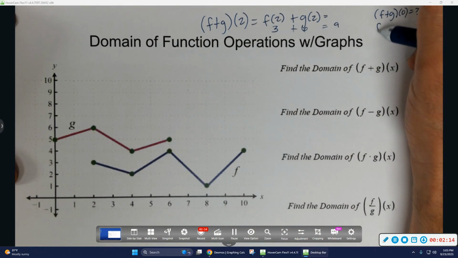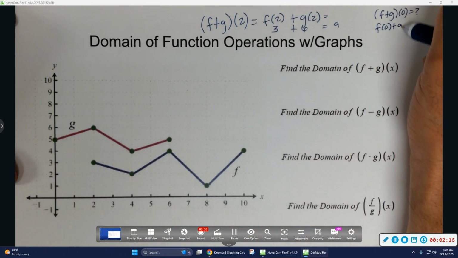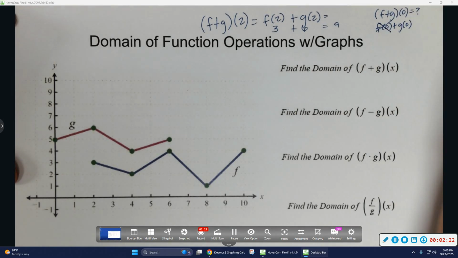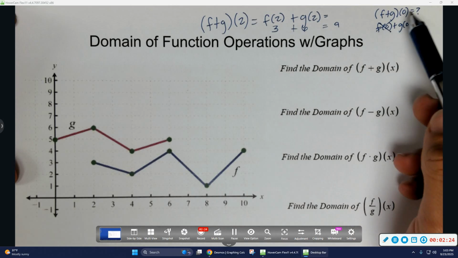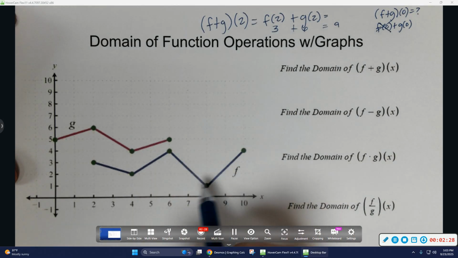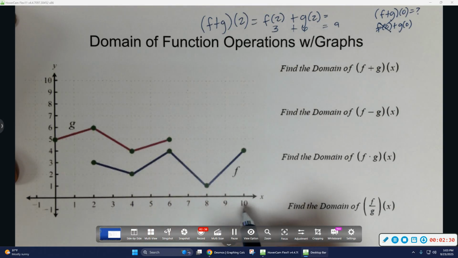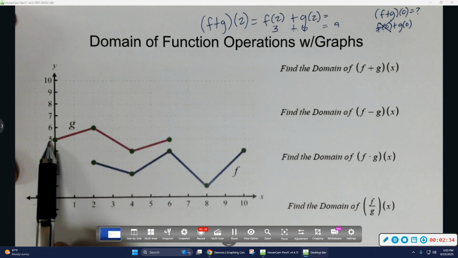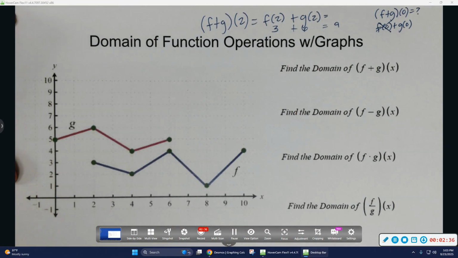So I can't really find the value of f at 0, because 0 is not part of the domain of this function. This function, f, only exists between 2 all the way to 10. And g exists from 0 all the way to 6.